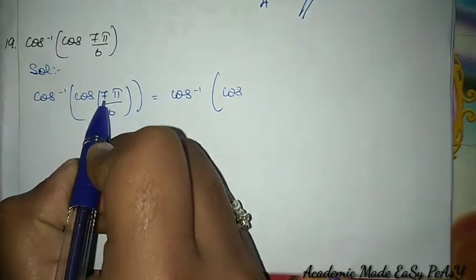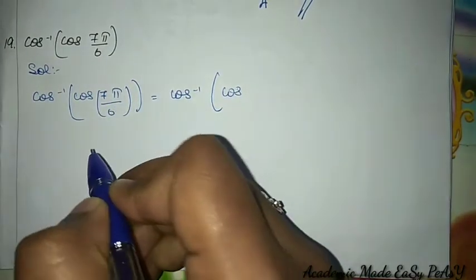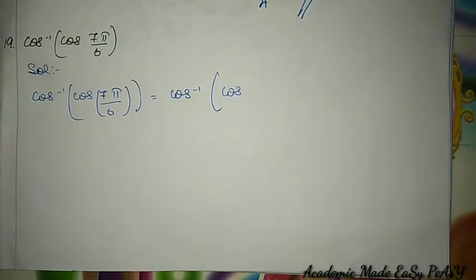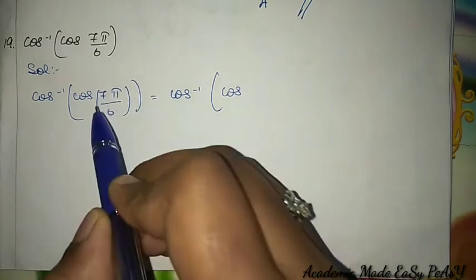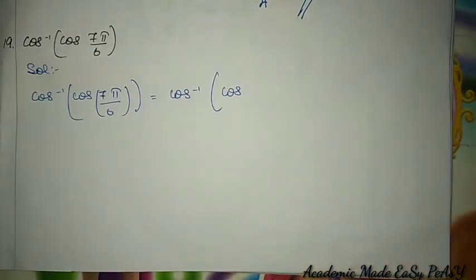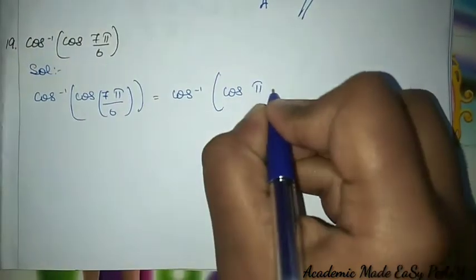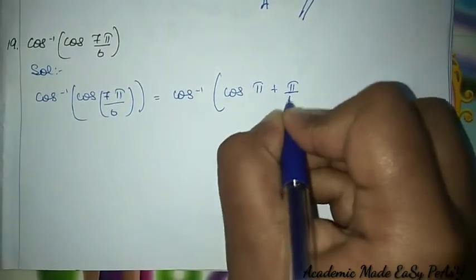See here, if it is 5 pi by 6, we can just directly write pi minus pi by 6. Okay, since here it is 7 pi, it is one more addition, no? So we will write pi plus pi by 6.